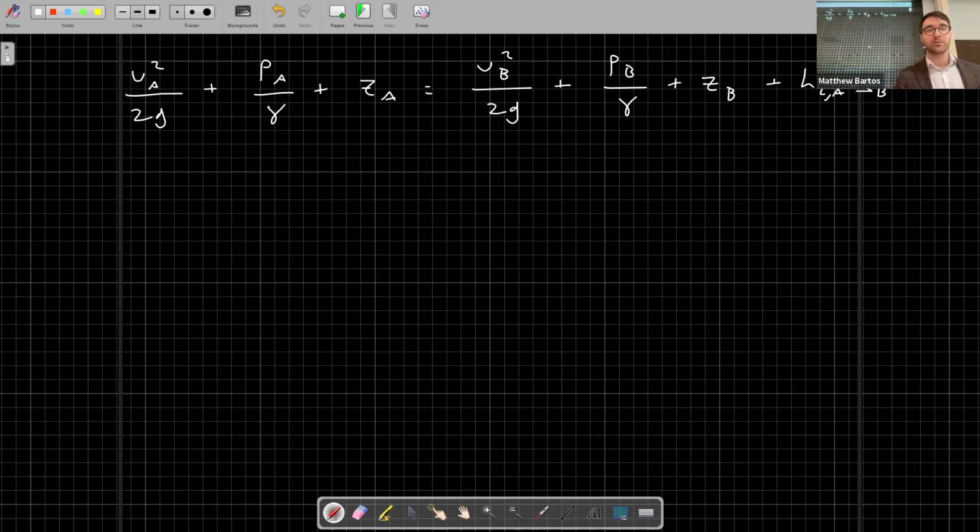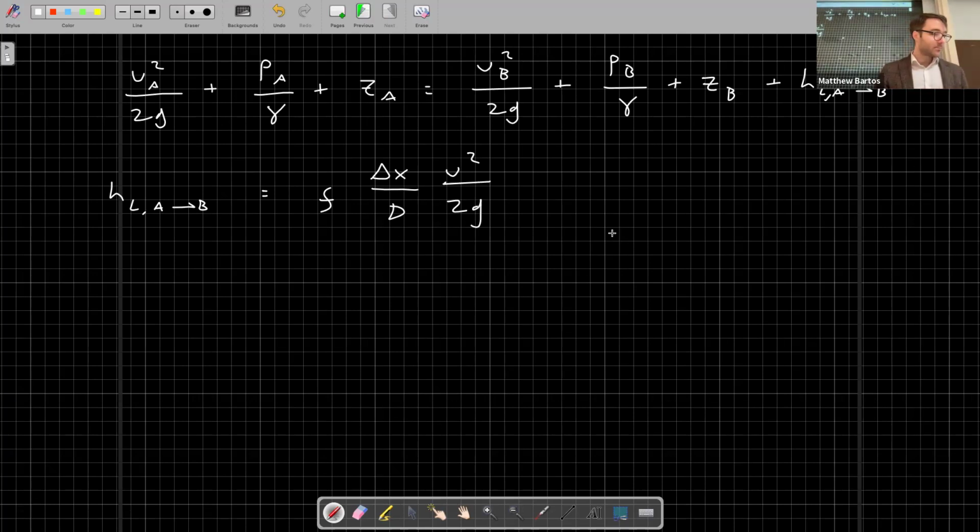And as we mentioned, we can compute that head loss from A to B by applying the Darcy-Weisbach equation. So that's given by F times delta X, the length of the pipe, divided by the diameter, times U squared over 2G.